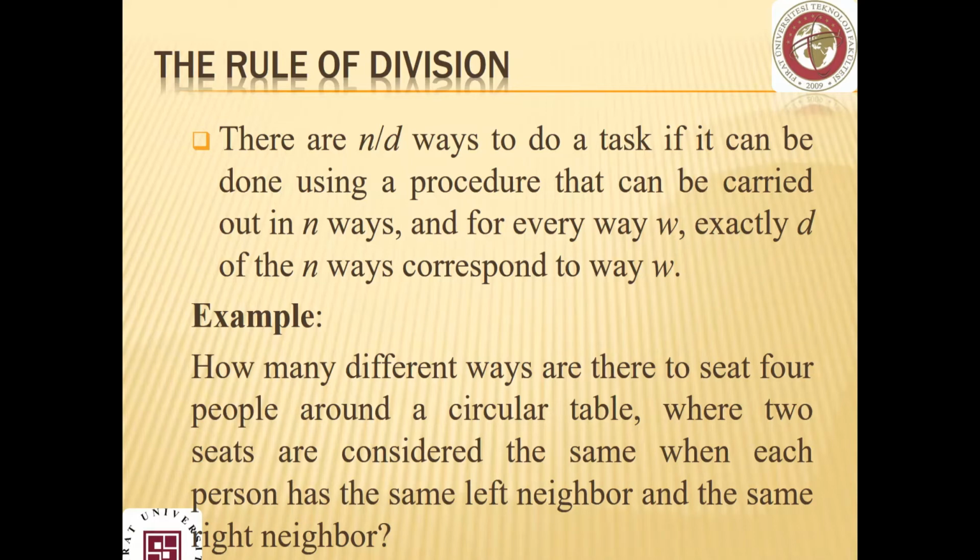We have n ways, there could be 5, 10, 20, 30. For each one of them, we have exactly d ways of the n ways that correspond to that one way.